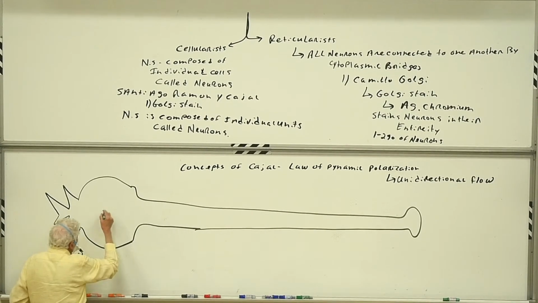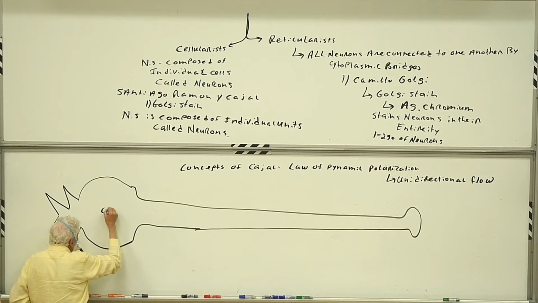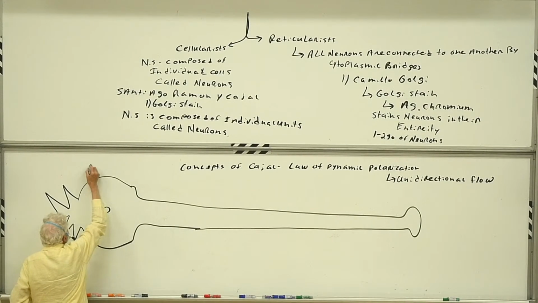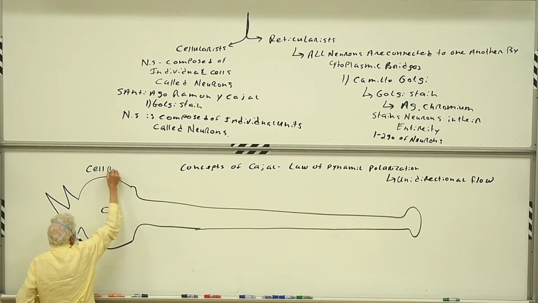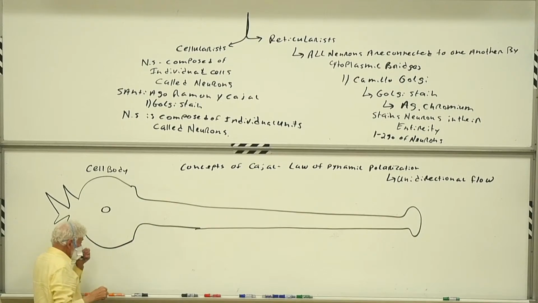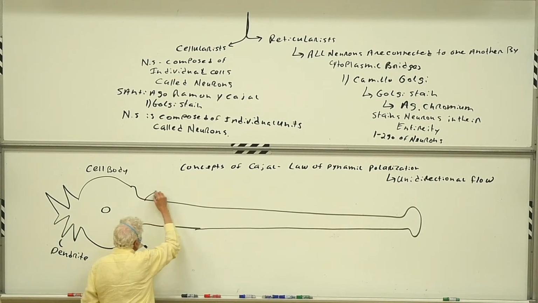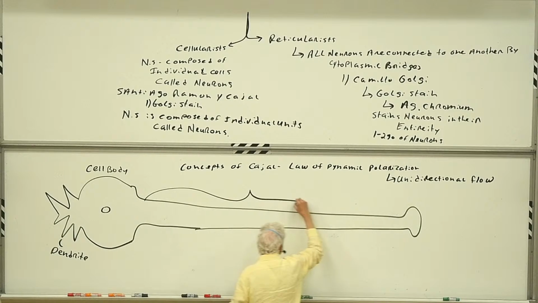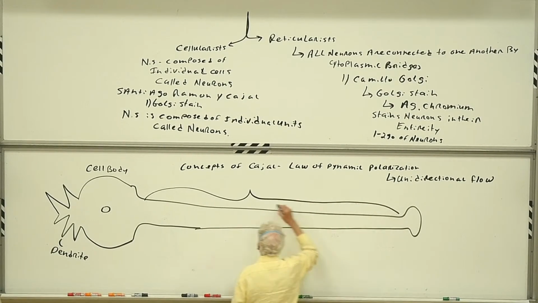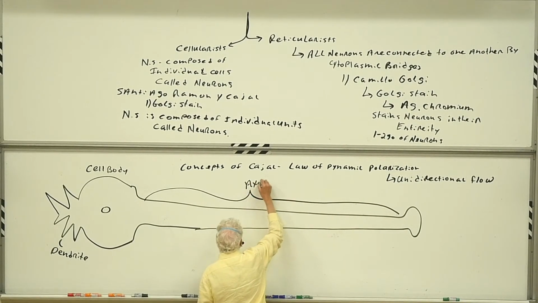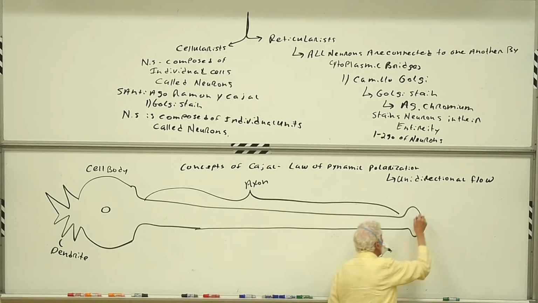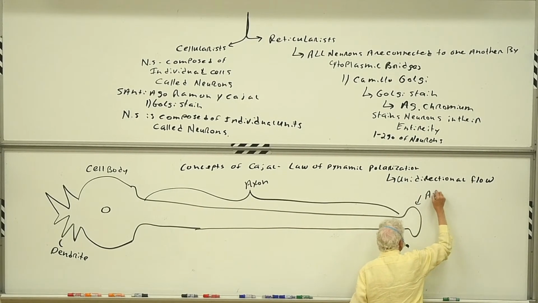And then he could see from other staining that there was a nucleus in here, so he called this a cell body. And the term he applied to this long extension from the neuronal cell body was the axon. And out here, he called this the axon terminal.